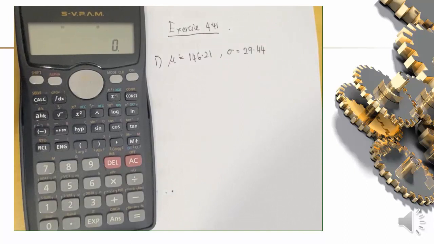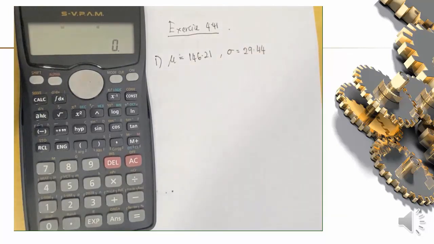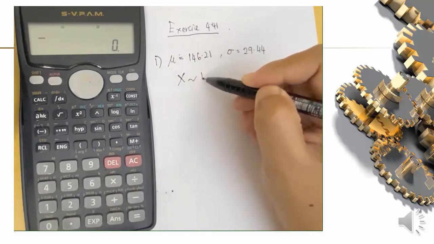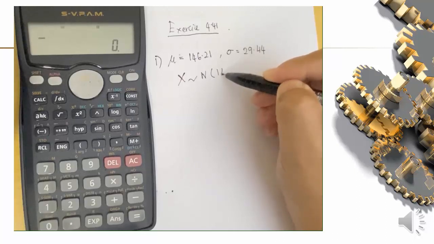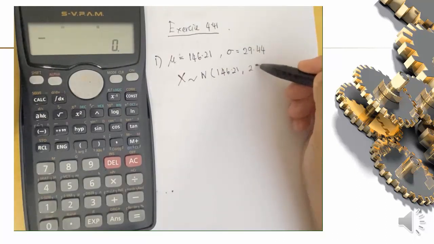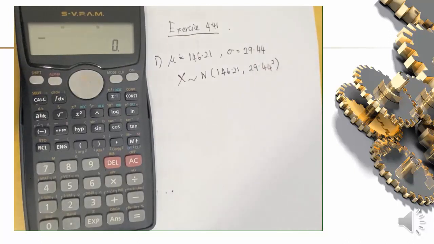Okay, then the question asks for probability, find percentage of women who spend less than 160. So we know that x follows normal with mu 146.21 and the variance 29.44 squared.